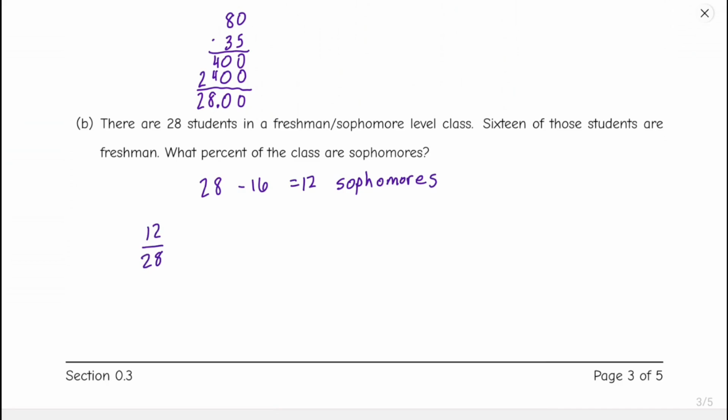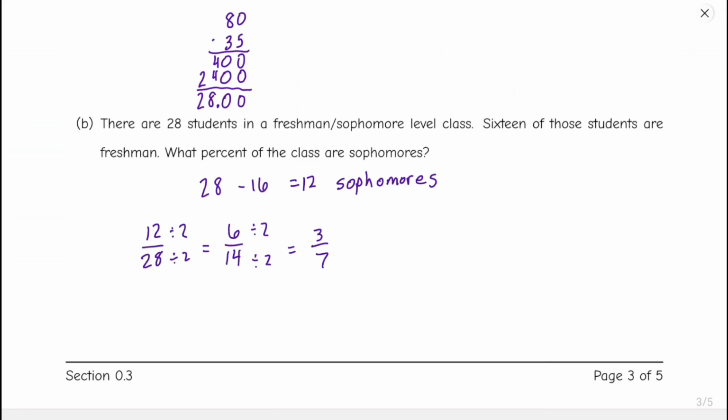First of all, I'm going to reduce that by dividing by 2 on the top and bottom to get 6 over 14. Oh, I could have divided by a bigger number, but I'm just going to divide by 2 again to get 3 over 7.